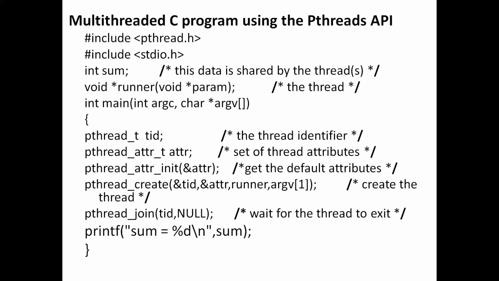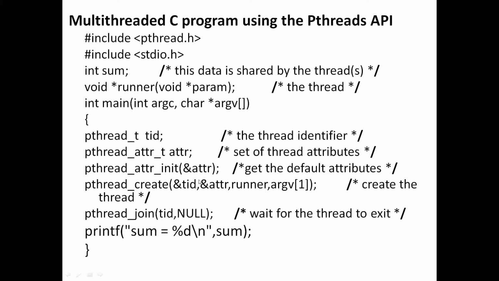It will hold all the attribute information of the thread. So using this attr, we can modify the attributes of the thread. Here it is declared as data type pthread_attr_t, which also comes under the pthread.h header file.